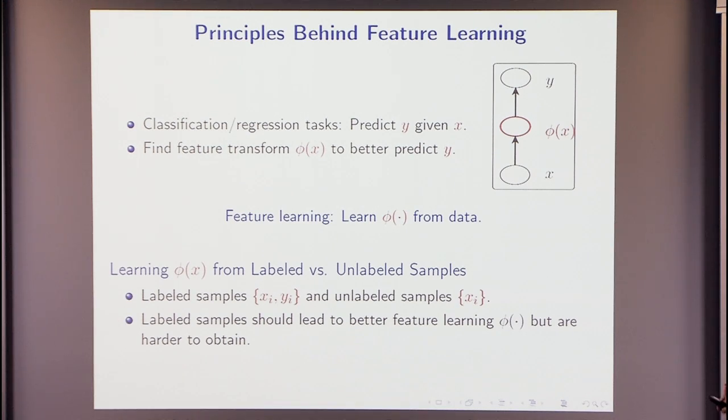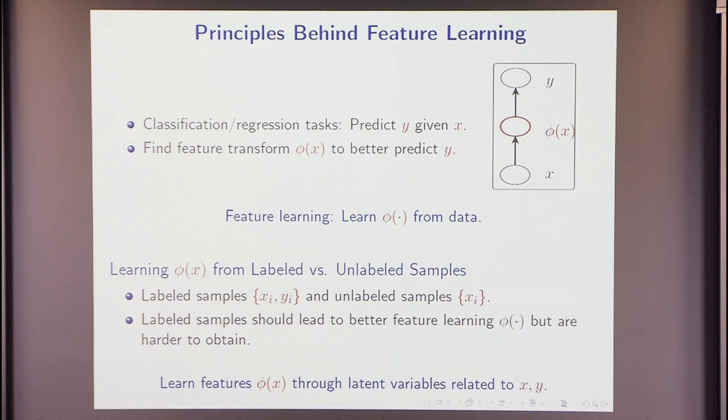So it is sometimes more convenient to find these transformations using unlabeled samples. But of course, the challenge is that in what scenarios that will be relevant for this particular classification task is unclear. Right? So these are all the questions we'd like to address on when we can find these feature transforms in a principled way and with guarantees.